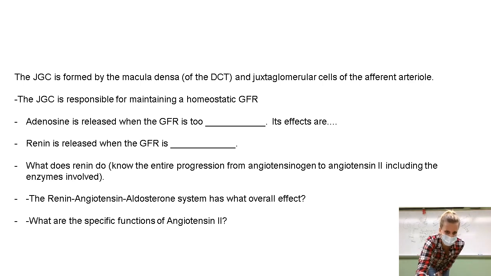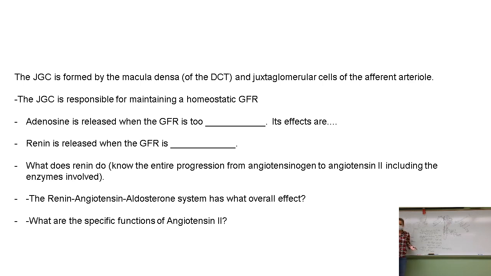The juxtaglomerular complex is responsible for maintaining a homeostatic GFR. Okay, so the juxtaglomerular complex monitors the glomerular filtration rate and makes adjustments to various things like the afferent arteriole, right?